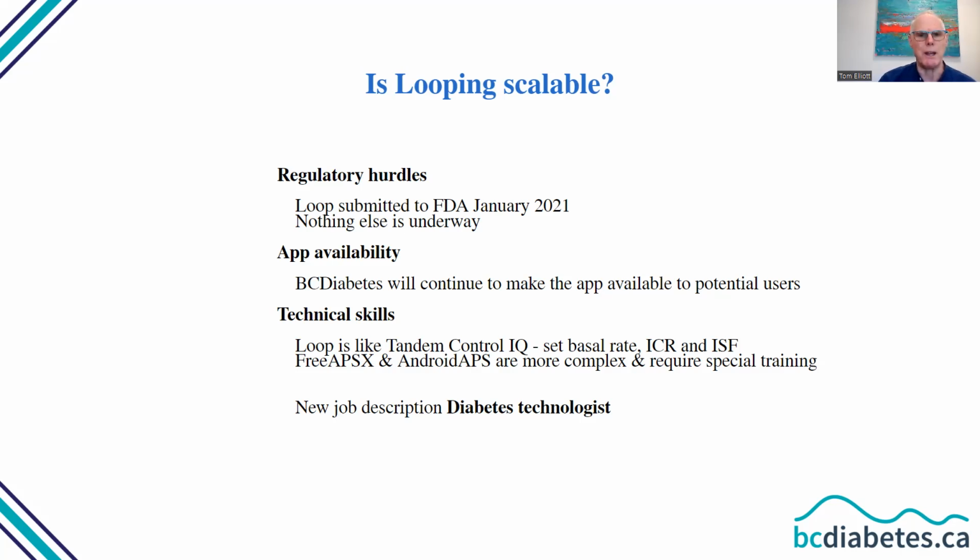The Android APS is available openly, and we're willing to share it with people who meet our criteria for informed consent and waiver. So the app is available through BC Diabetes and through the connections that already exist in British Columbia and across Canada. The final factor really is that of technical skill.